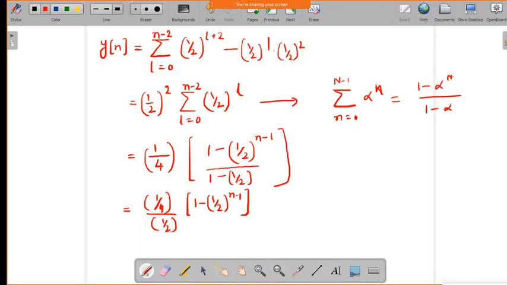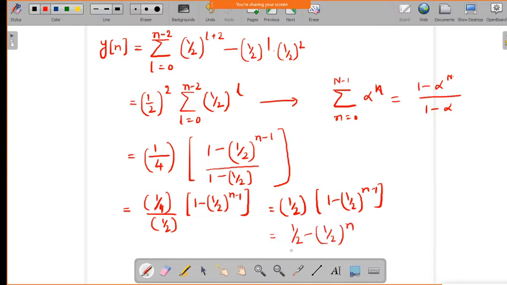Okay. So now what you will get? You will get half here, so that is half into 1 minus half power n minus 1. Now if you multiply this half into the bracket, you will get half minus half power n.